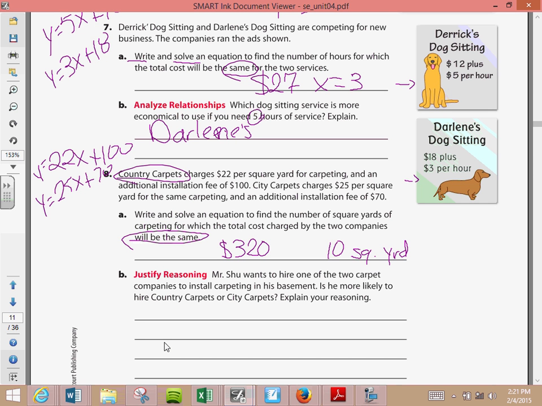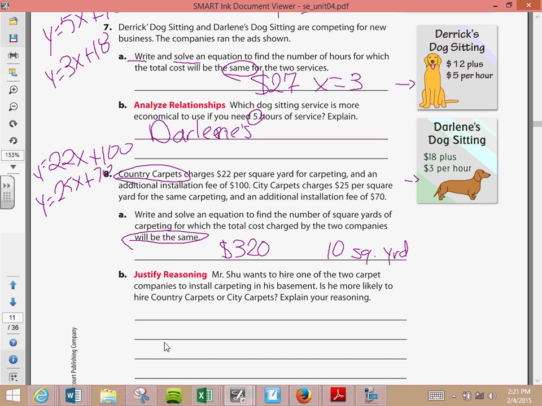What are you talking about? Oh my goodness. Which one will be cheaper of the 2 carpeting companies? I want you not to think, hang on.